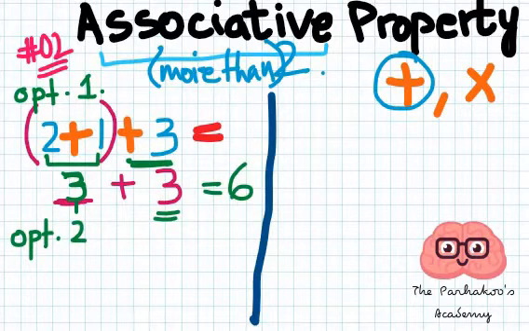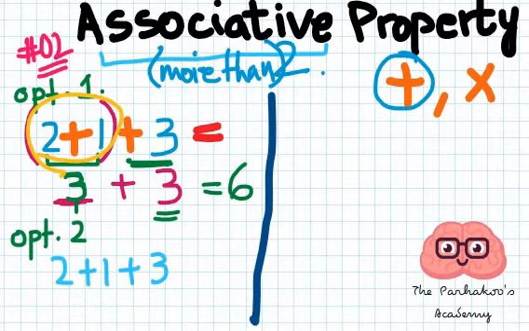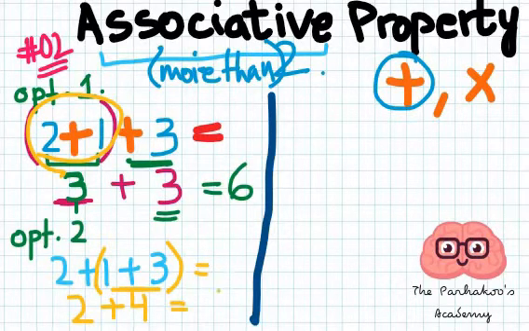Option 2, let's say 2 plus 1 plus 3. Now here, instead of adding these two, we are first adding these two, right? So by adding these two, we'll come up with 4, and then we add the third one, which is 2. So it would be 6.